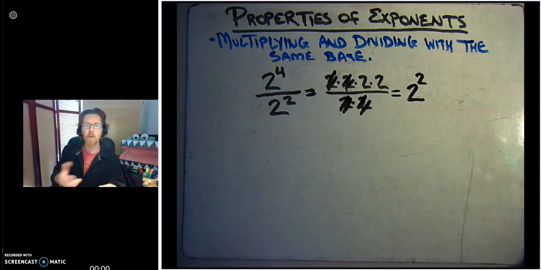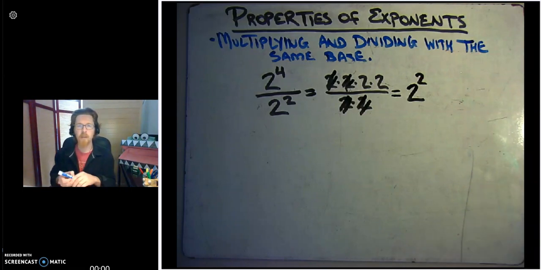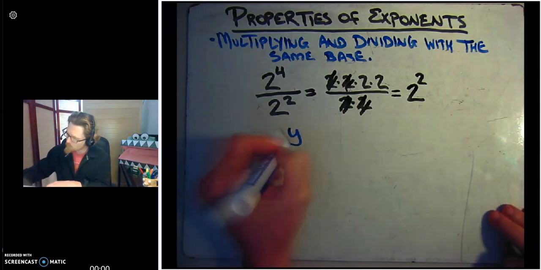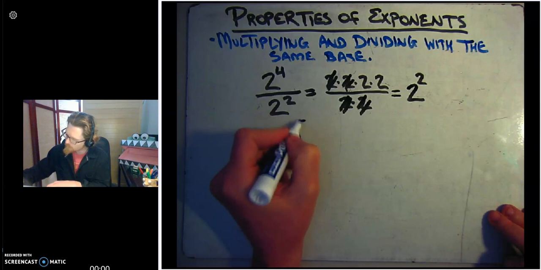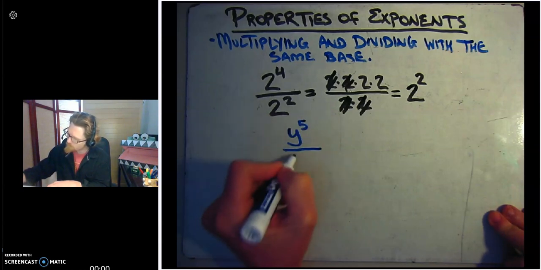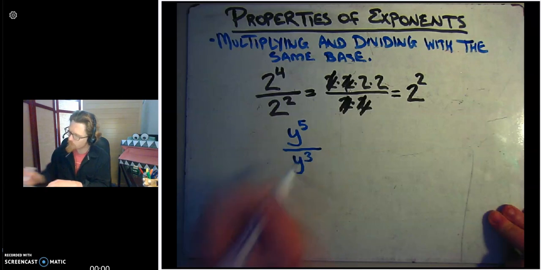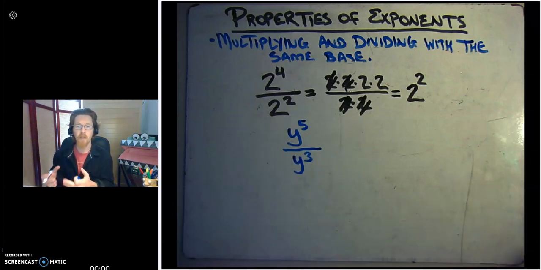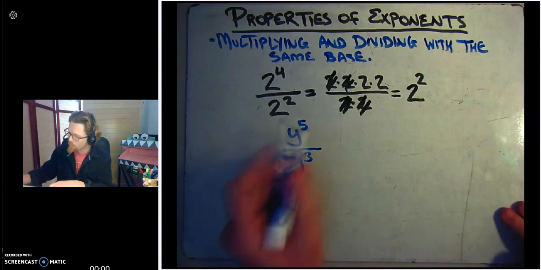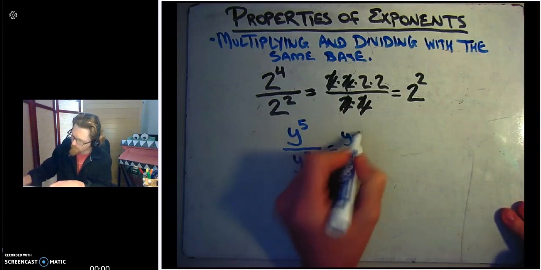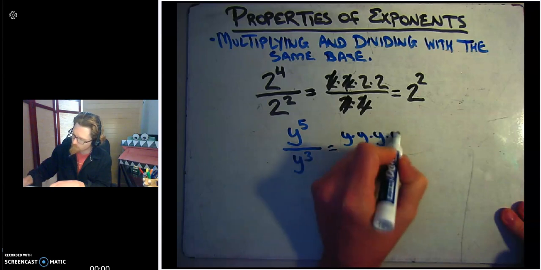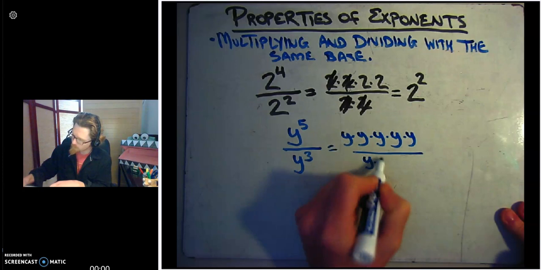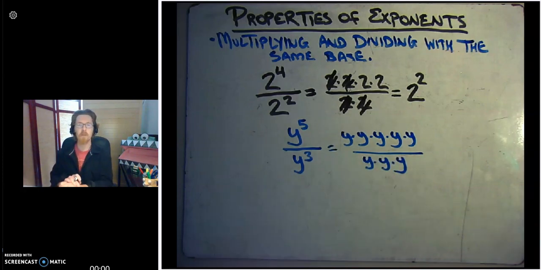Now let's think of it in more general terms, with variables. I have y to the 5th, and I'll divide it by y to the 3rd. We don't know what y is, so we can just think of it as any number. But we do know that y to the 5th represents y times itself 5 times, and y to the 3rd power represents y times itself 3 times.